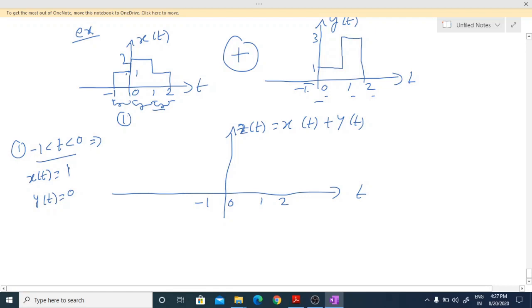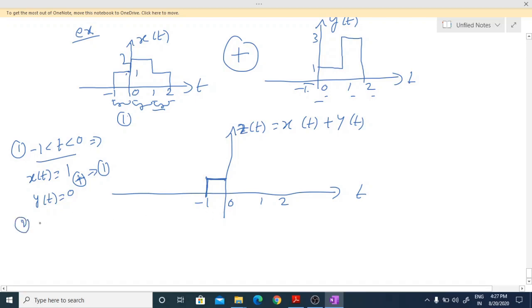So if I add 1 plus 0, the corresponding amplitude is 1 only. So I draw the signal with amplitude 1 in the region -1 to 0.